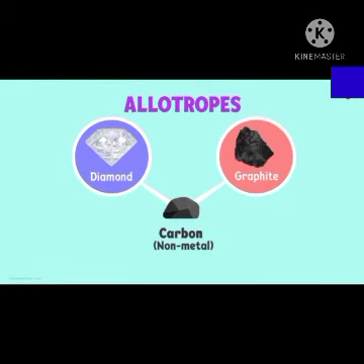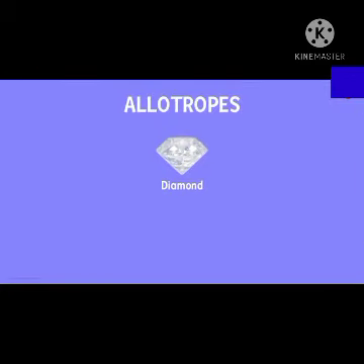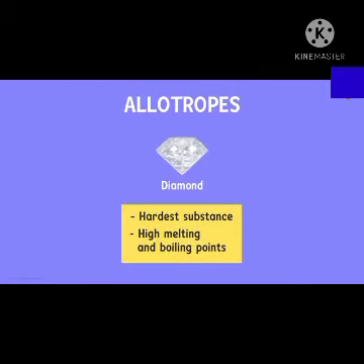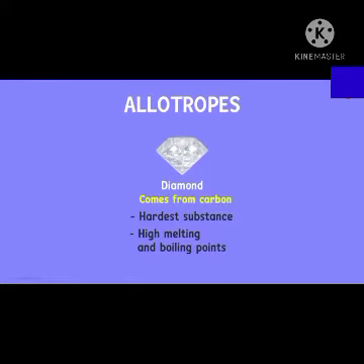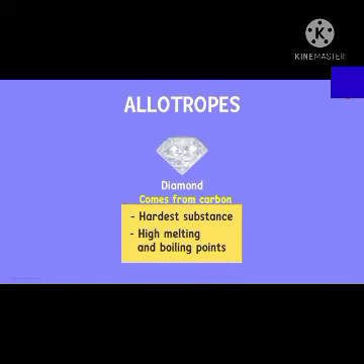Let us look at the allotrope diamond of carbon. It is known as the hardest substance. It has an extremely high melting and boiling point. Aren't these properties of metals? But it is surprising that diamond is an allotrope of carbon, which is a non-metal. Diamond too is a non-metal which strongly exhibits the properties of metals.